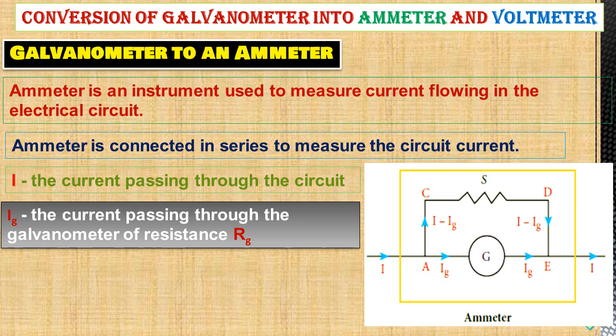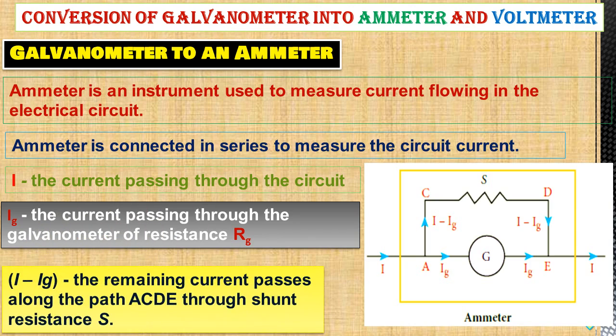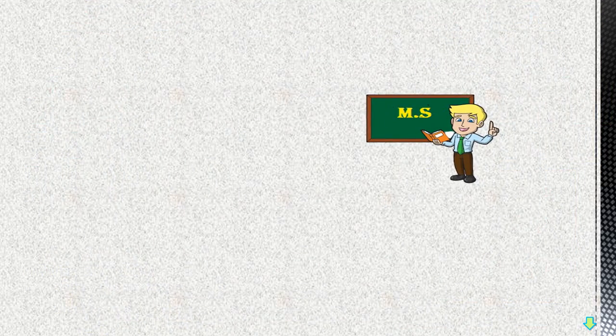The potential difference across the galvanometer is the same as the potential difference across the shunt resistance. That means if both potential differences are equal, then V galvanometer is equal to V shunt, where V represents the potential difference.